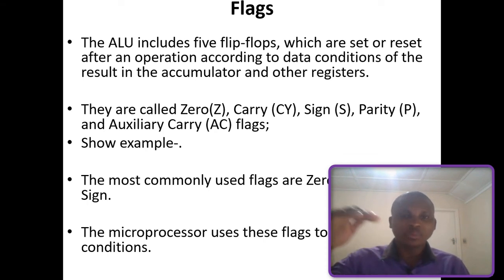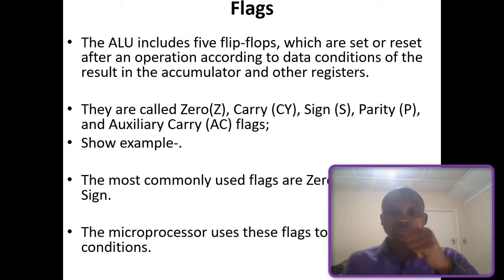Then the sign flag will be representing the sign, positive or negative. If the result that we get in the accumulator is negative, the sign flag is set to 1, and it will be 0 if the sign is positive. Then the parity flag will be testing the number of ones in the register.